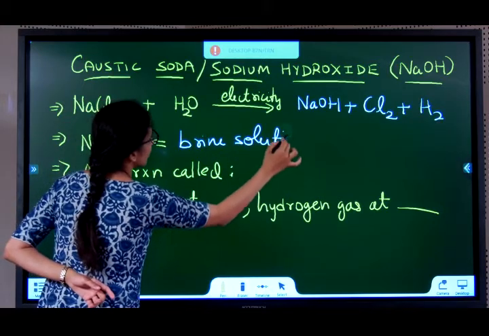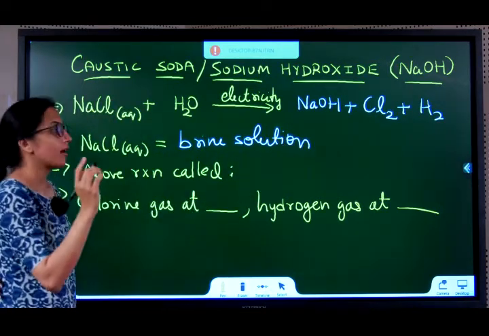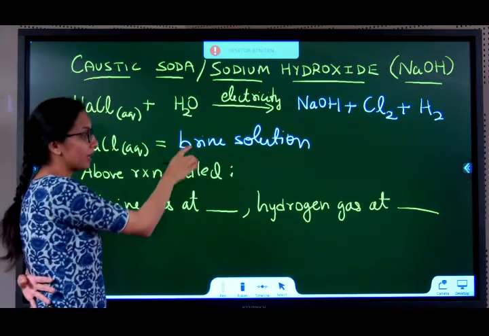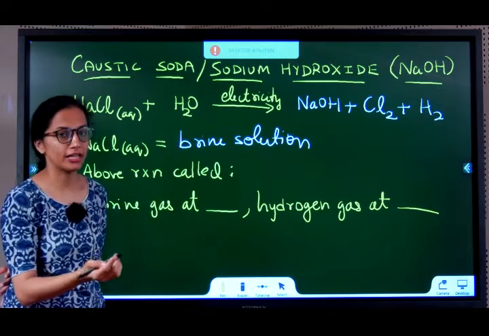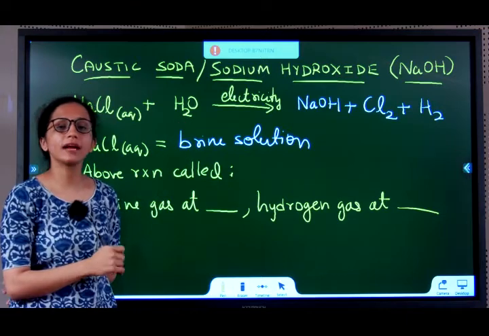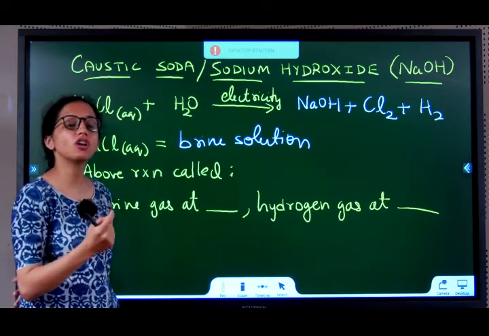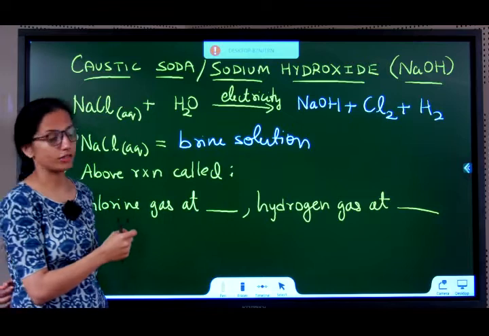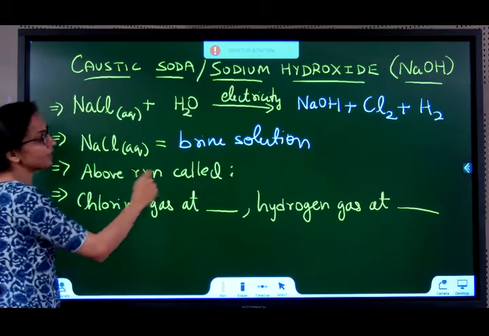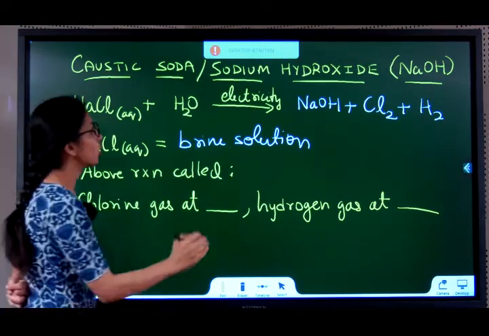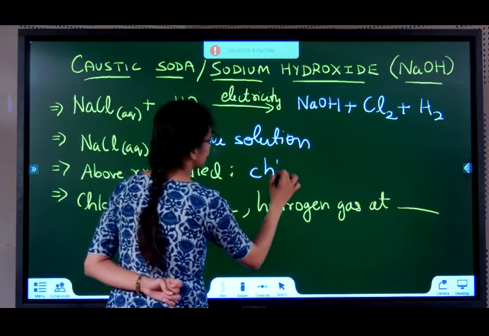So I can rephrase my statement as upon electrolysis of brine, so brine solution on electrolysis gives us sodium hydroxide along with the liberation of chlorine gas and hydrogen gas. The above reaction is also called chloralkali process.